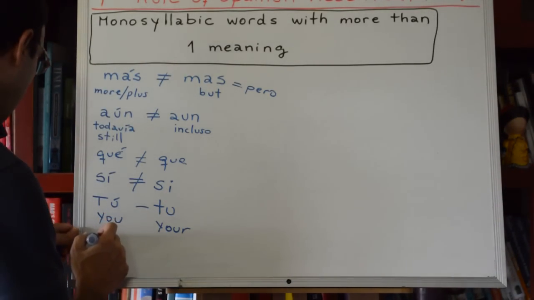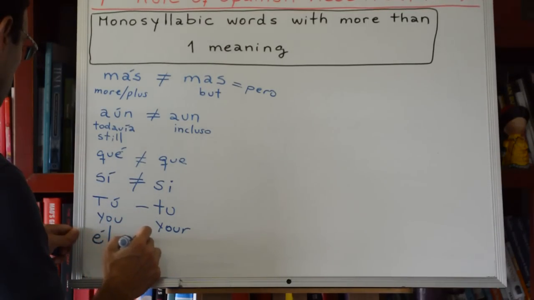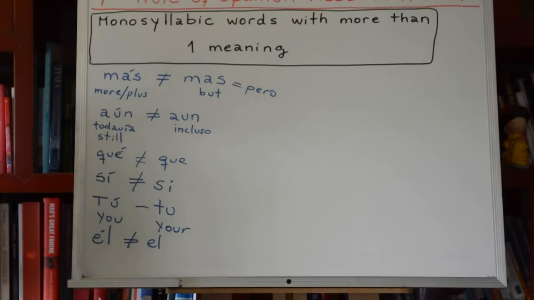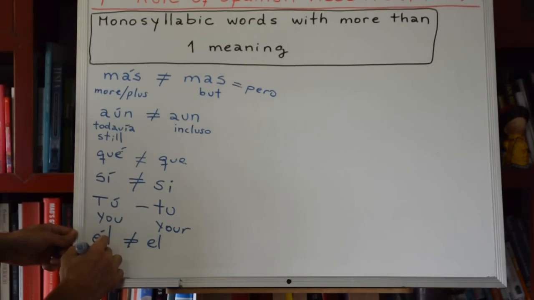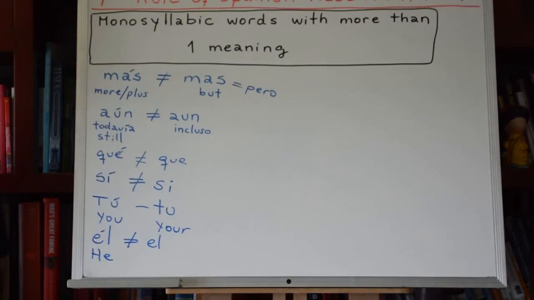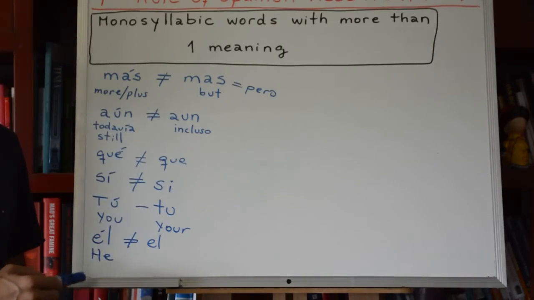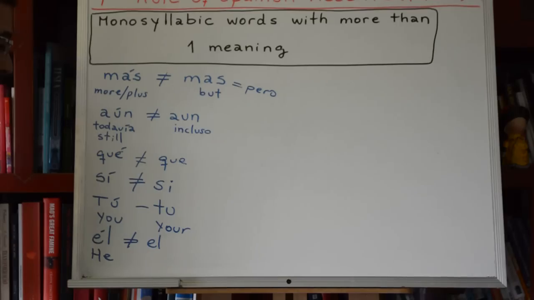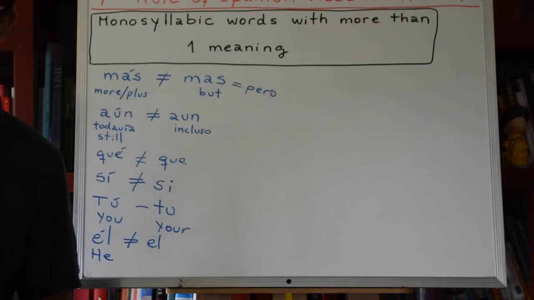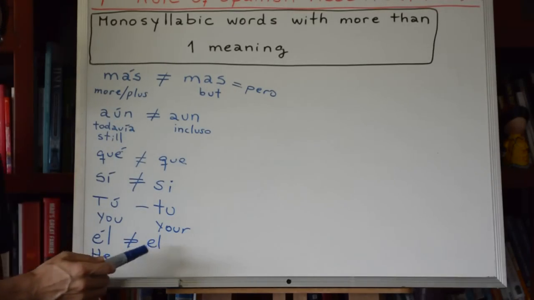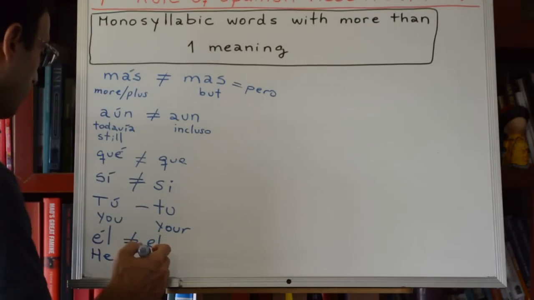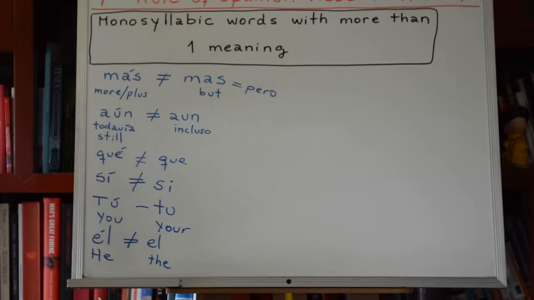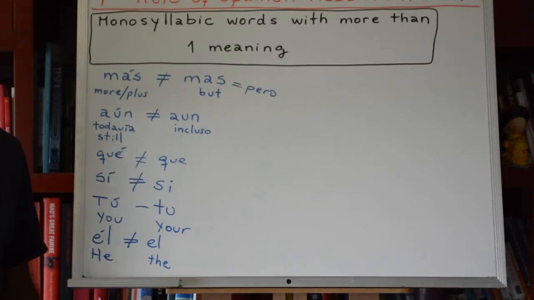Same thing with él, which is different than el without the tilde. With the tilde, it is a subject pronoun, he. Right? He. Él dice que vendrá. He says that he will come. El, sin el tilde, el without the tilde, is just an article, the masculine article. El, sin el tilde, es el artículo masculino. The, okay? It means the, like in the car, el auto, okay?